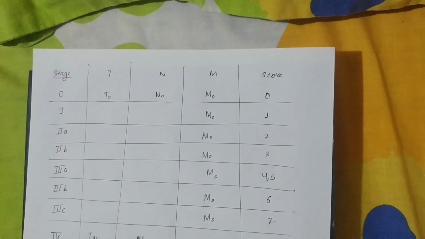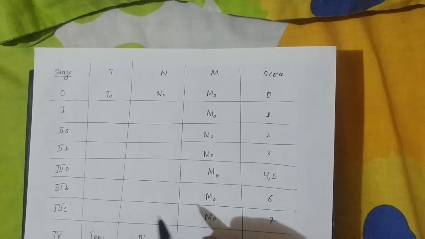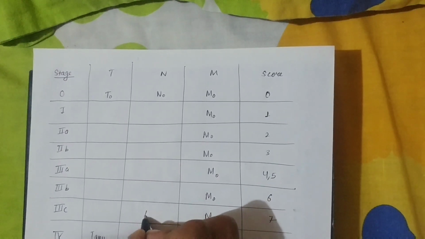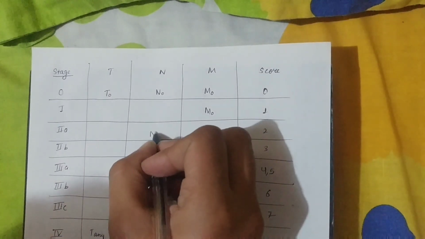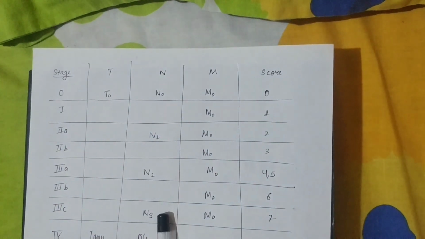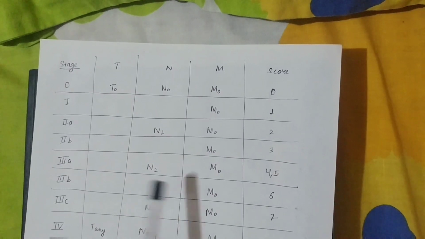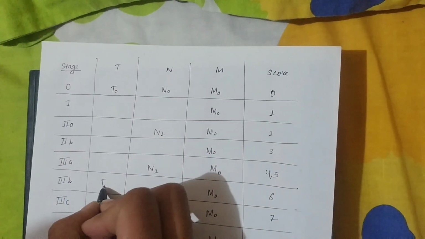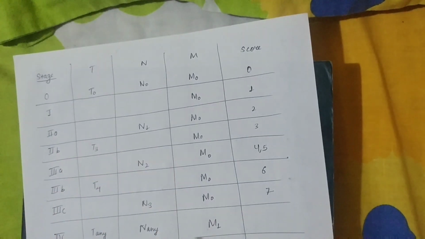And then now for the fixed value of TNM, we will fix the values as N3, N2 and N1 alternating to each other, leaving one space in between them. And similarly for the T, we have T4 and T3 in this manner.